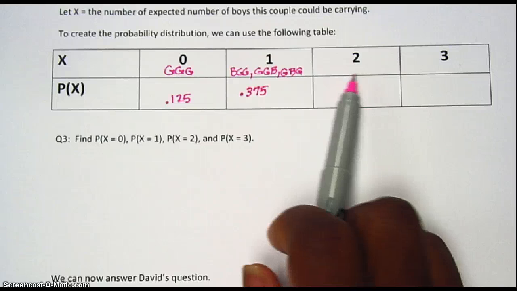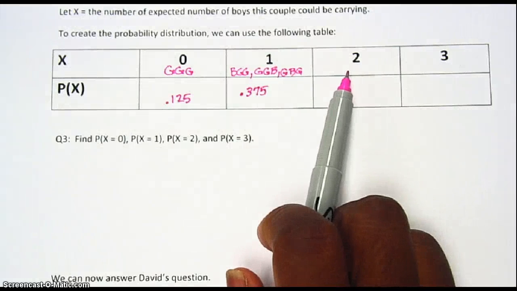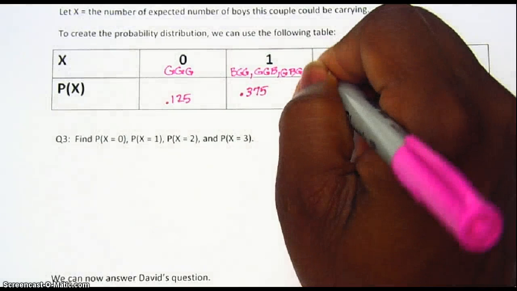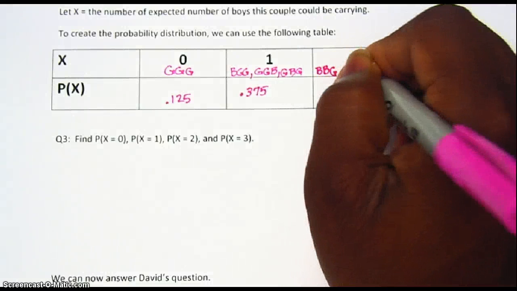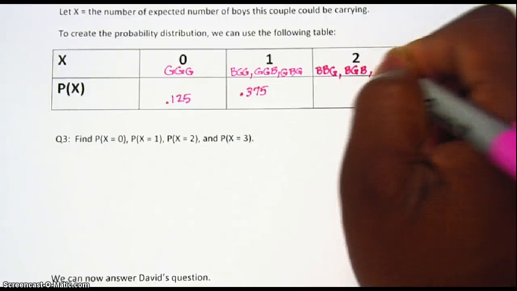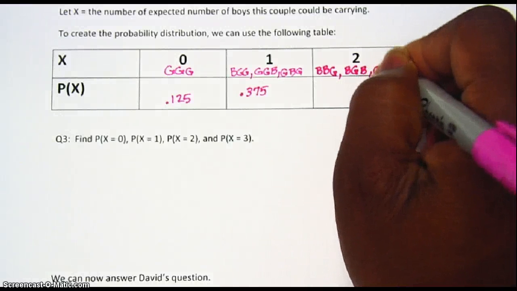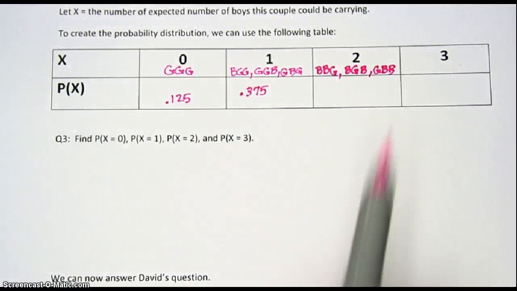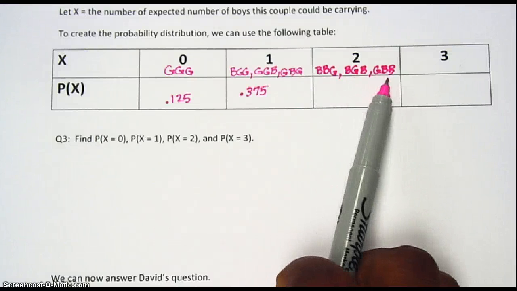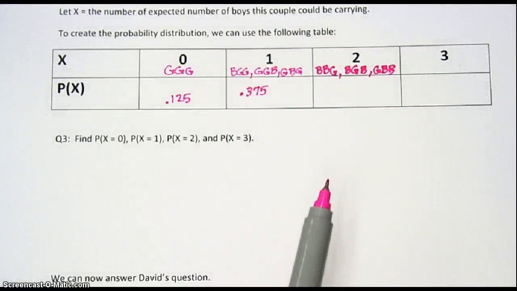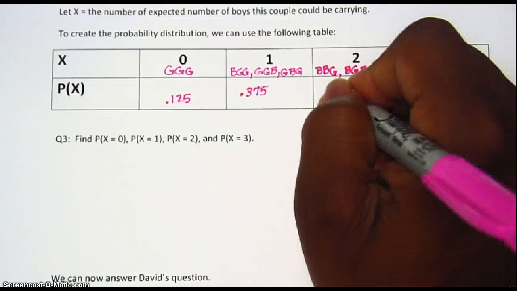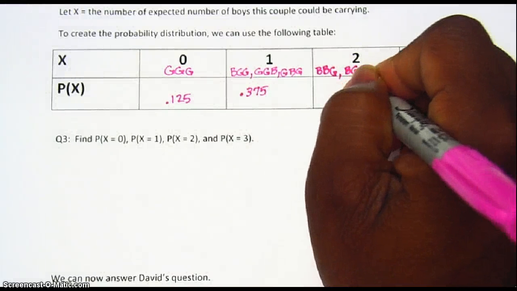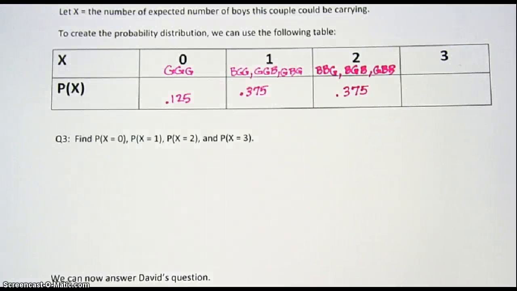A couple will have 2 boys in the following combinations. There are 3 of those also. Boy, boy, girl; boy, girl, boy; and girl, boy, boy. Again, with each of these events being equally likely, 0.125 for each event, this one, or this one, or this one, we're going to add those together, 0.125 each to get 0.375.